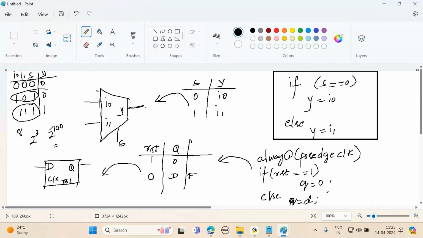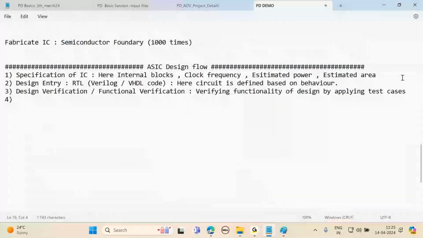For that reason, you will learn a few techniques here like UVM, how to do design verification for bigger circuits. You will learn UVM, Universal Verification Methodology.